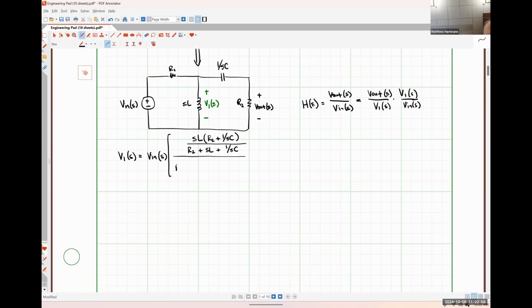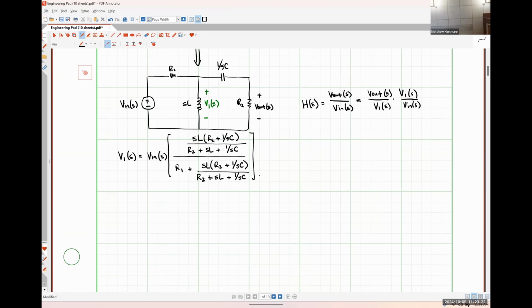So that would be R1 plus, and then I'm just going to rewrite my numerator, R2 plus 1 over SC, divided by R2 plus SL plus 1 over SC.